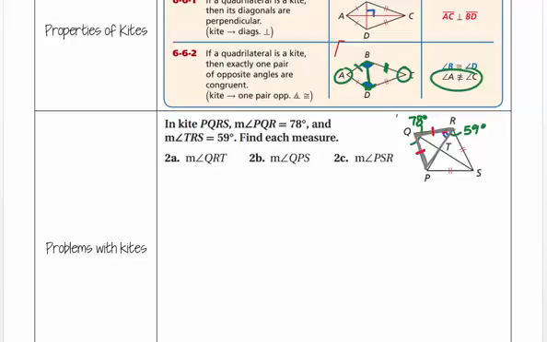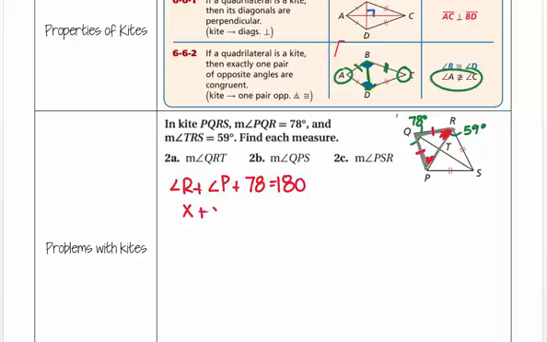And what you should remember about an isosceles triangle is these two base angles are exactly the same. Using that and the fact that this whole thing has to add up to 180, we can figure out this angle here that they asked us about. So I know that angle R plus angle P plus angle Q, which is 78 degrees, has to add up to 180. And the thing that I know about these two is they're exactly the same.